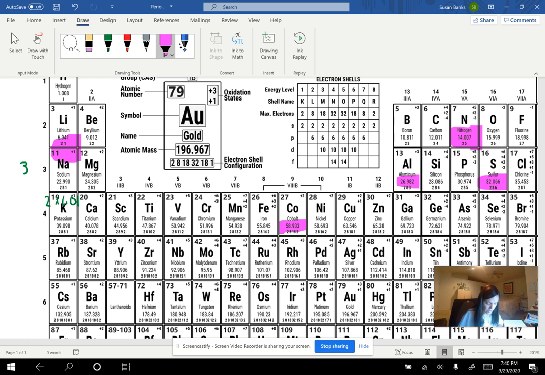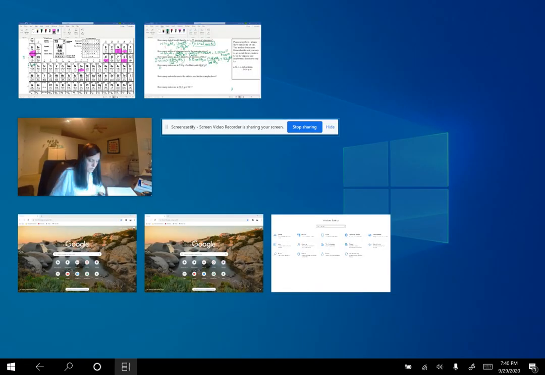So we call that 32.07. And oxygen right next door is 15.999. So that's going to round to 16. So 32.07 and 16.00 is what we are going to use.